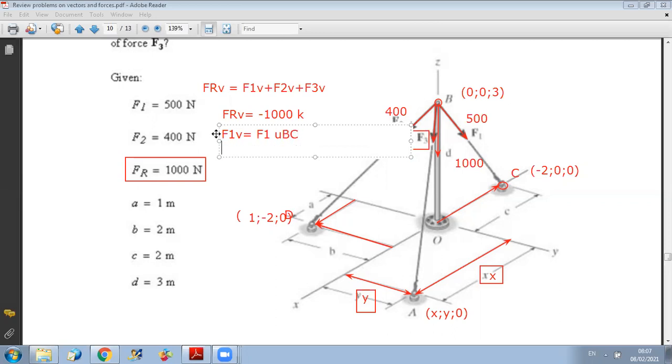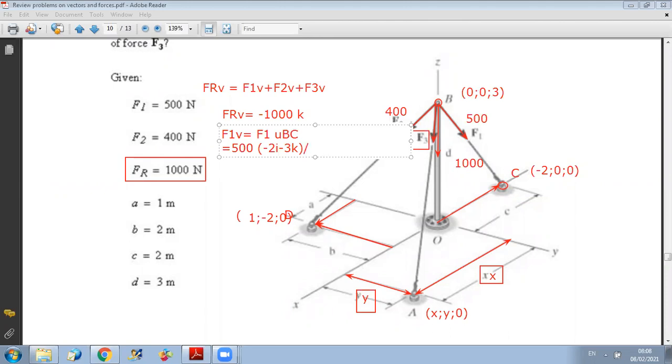F1 is known in magnitude, it's 500. So it's 500 times the unit vector of BC. I take x of C minus x of B, so it's minus 2I plus 0 minus 0, so it's 0 along J, and plus 0 minus 3 along K, so minus 3 along K. So this is vector BC.